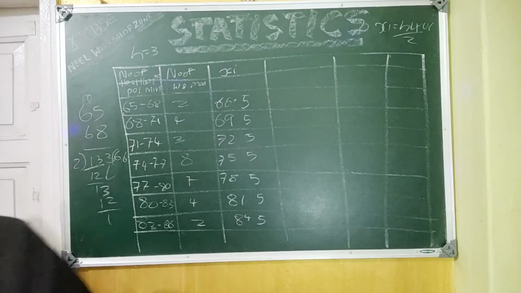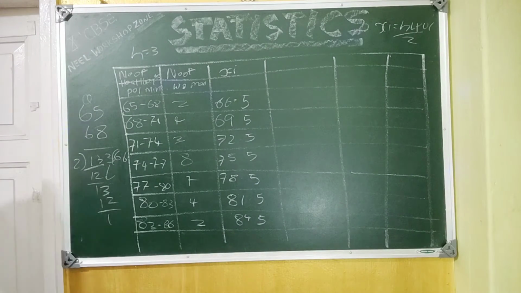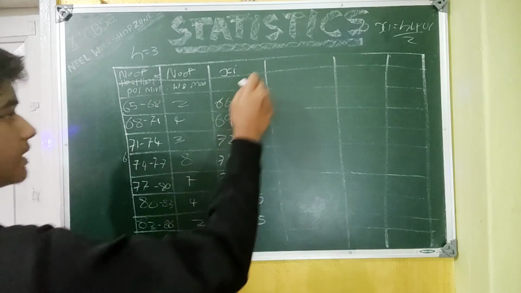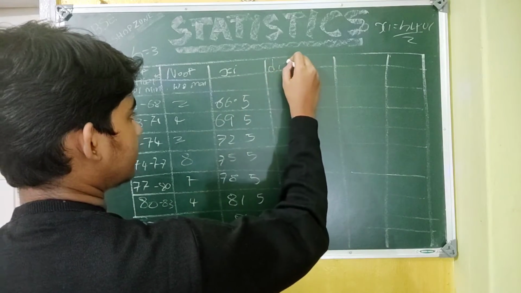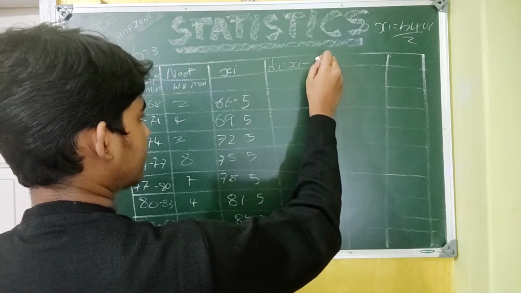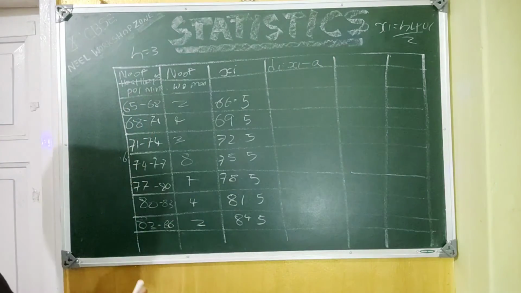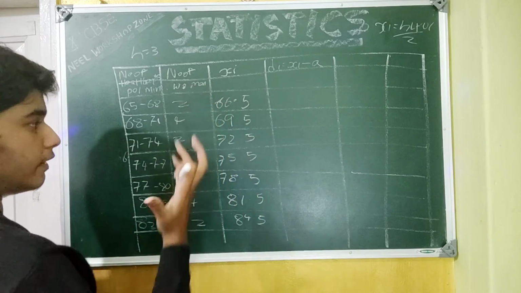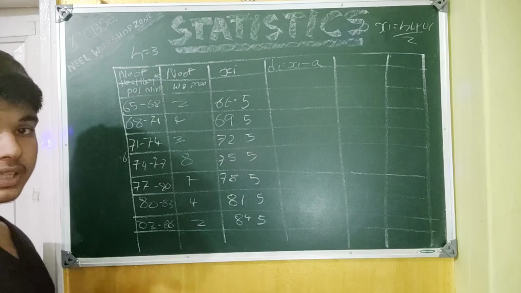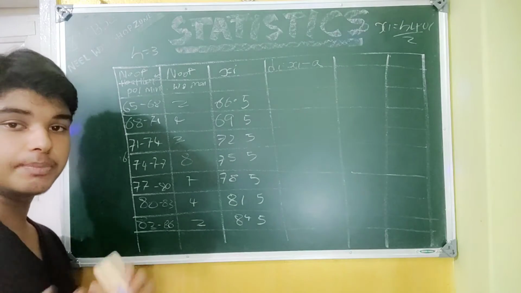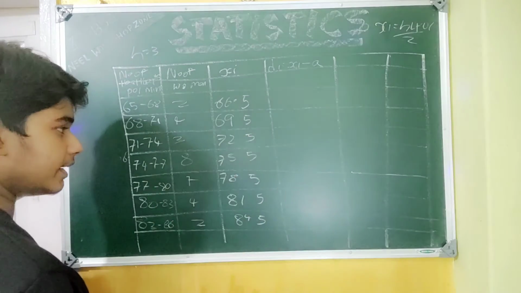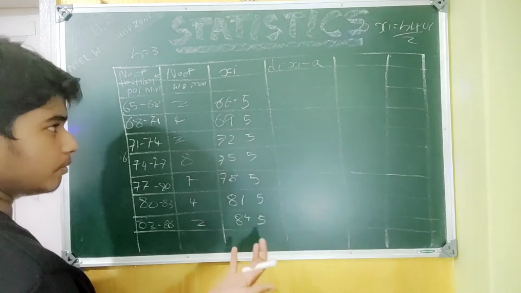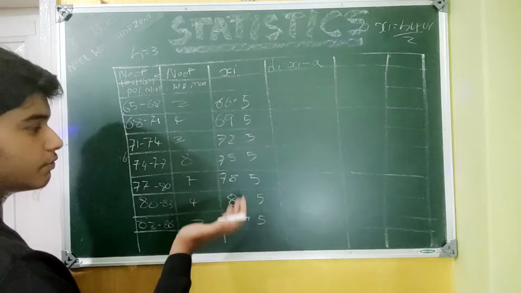So now that we have those values, let's find out the next one, which is di is equal to Hi minus A. Basically we have to subtract A from Hi. Now you might be thinking, what is A? A stands for assumed mean. So we have to assume a mean and subtract it from these values. The assumed mean must come from the Hi, so let's take it somewhere in between.